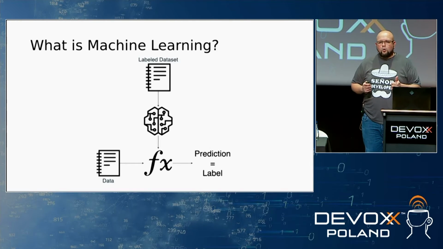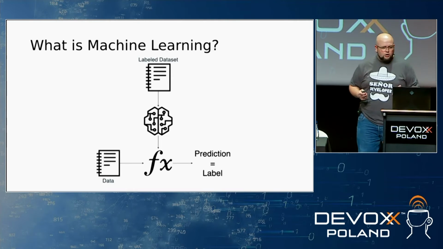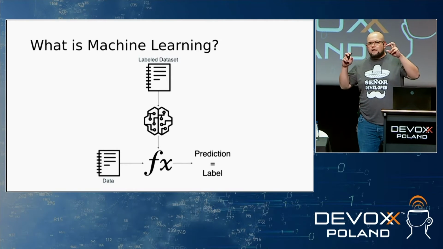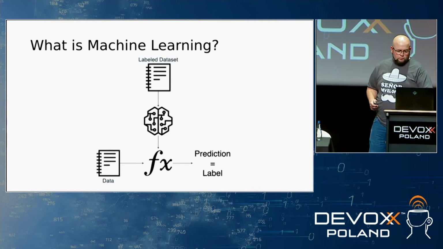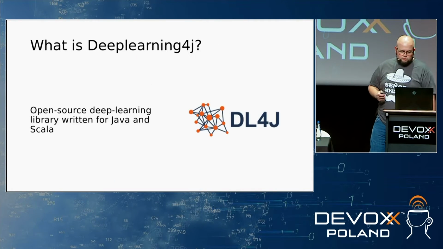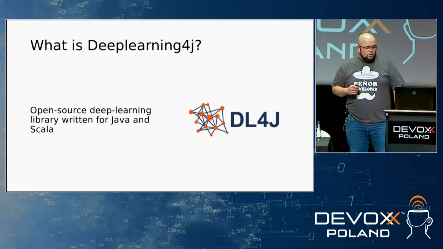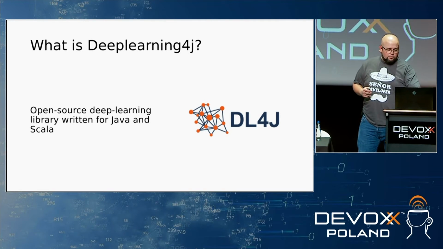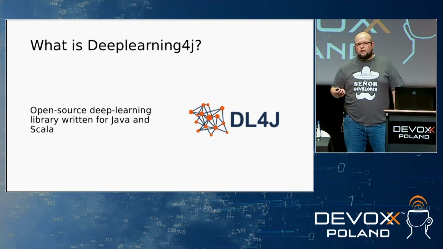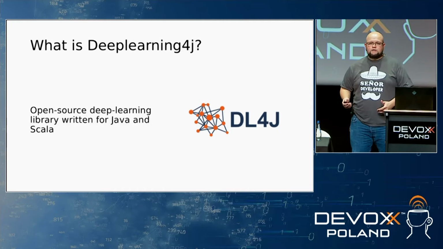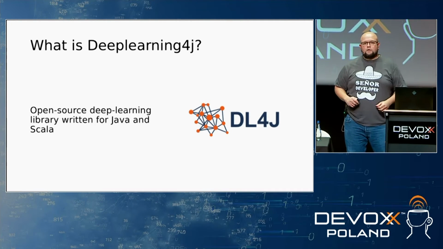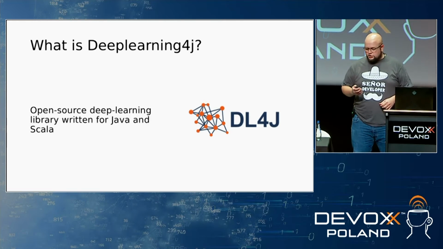And later, we can use such mathematical function to predict the label based on the data that we have. So now, what is Deeplearning4j? It is an open source deep learning library written for Java and Scala and other JVM languages, and it is under the cover of the Eclipse Foundation.